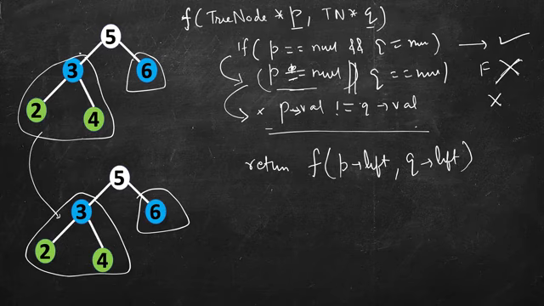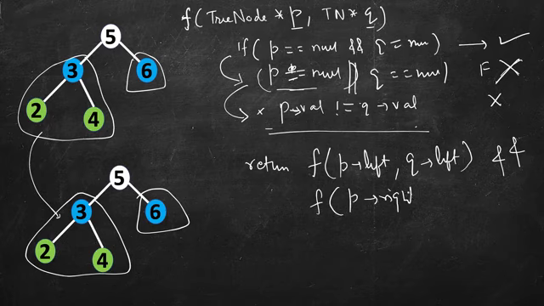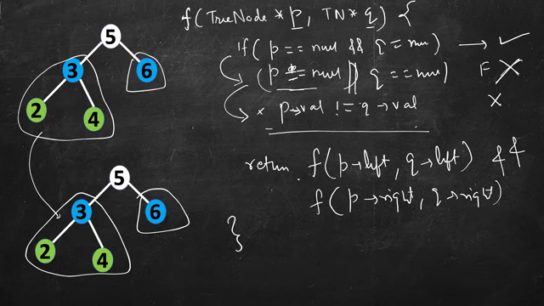So that will check if this subtree is the same as this, and the same function on p right, q right, and we are done. So this function will again recursively call on this and this. So first it will match the root. If they are same, it will recursively call on this and this, and similarly on this and this.